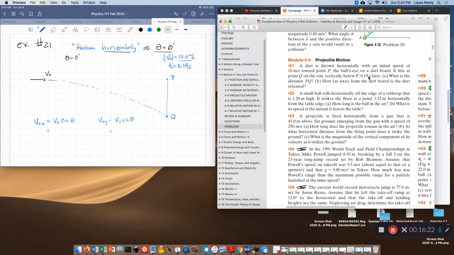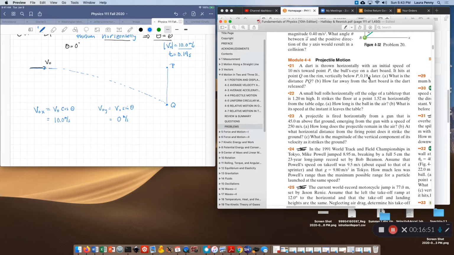Now, I don't even have to do this math specifically. I'm looking at this vector, and it's all horizontal, all in the x direction. If I put in the cosine of 0, I get 1 times 10, so this is 10 meters per second, and this is 0 meters per second if I do the sine of 0. But I can also sometimes just tell, right?